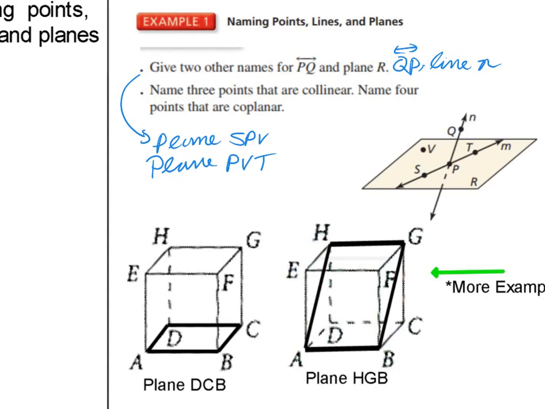Any thoughts? SVT. Plane SVT. If we take a look here, S and T are on the same line right here, but V is not. So I can use those 3 points to name that plane.